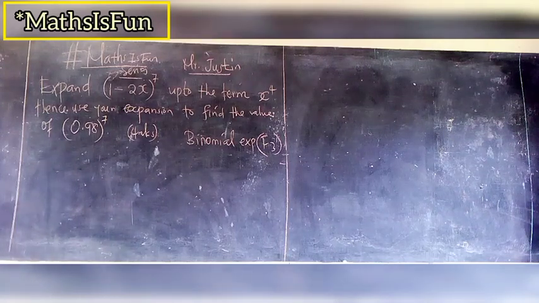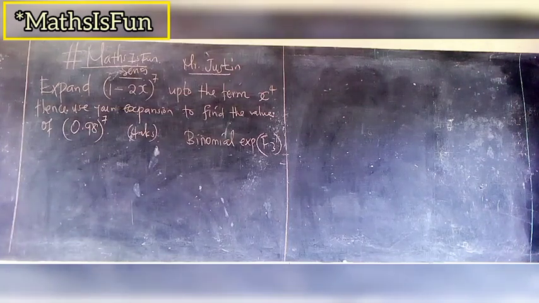So we are given in this question: expand (1 minus 2x) raised to power 7, up to the term of x to power 4. Then we use our expansion to find the value of 0.98 power 7.